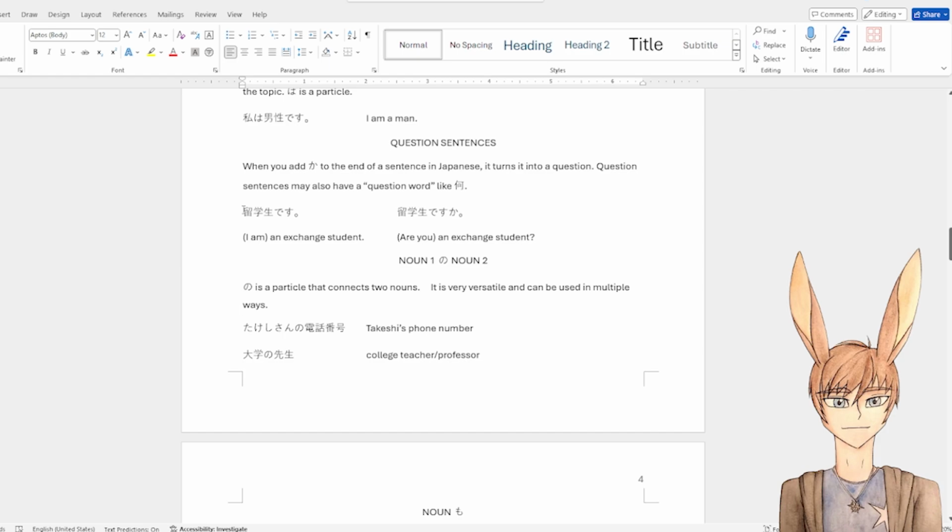This says ryugakusei desu, which means an exchange student, or I am an exchange student. But then when you add ka to the end of it, ryugakusei desu ka? You are asking someone, an exchange student, or are you an exchange student? Or are they an exchange student?